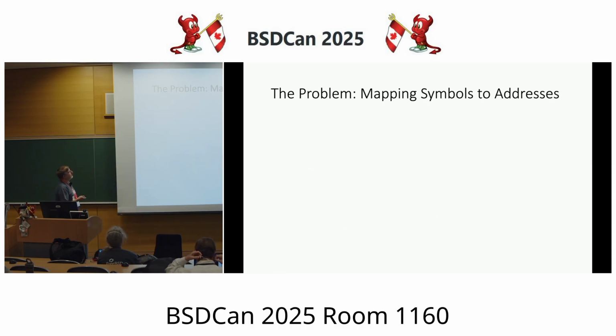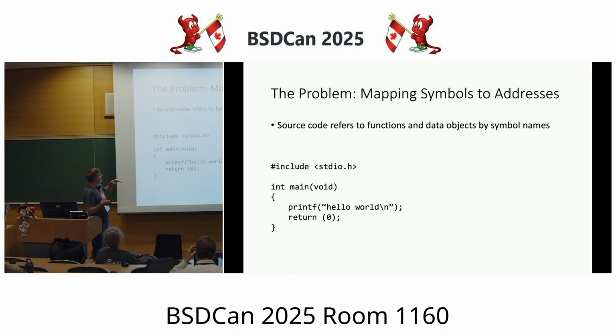So what problem are we talking about? Roughly, it's the question of how we take symbols, which is how we name things in source code, with names like printf that we as people understand, and how we map those. Source code refers to these things by strings, because that's what humans refer to them as.